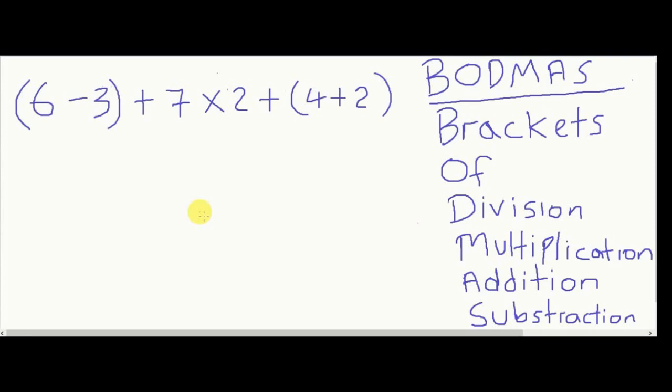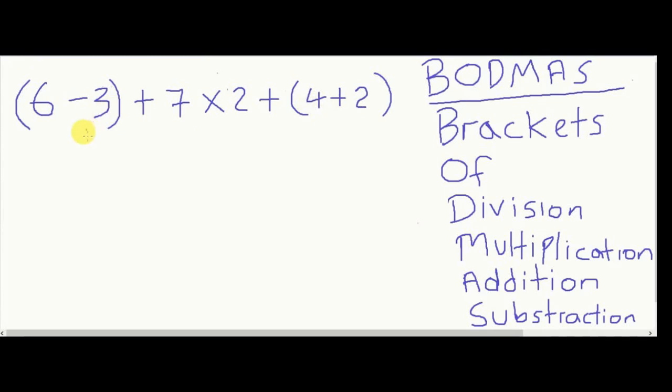In this bracket here we have a minus, and in this one we have a plus. You realize subtraction is the last thing that we should do, so addition before the subtraction. But when we have brackets, it doesn't matter what sign is in the brackets. We just have to work out the brackets first.